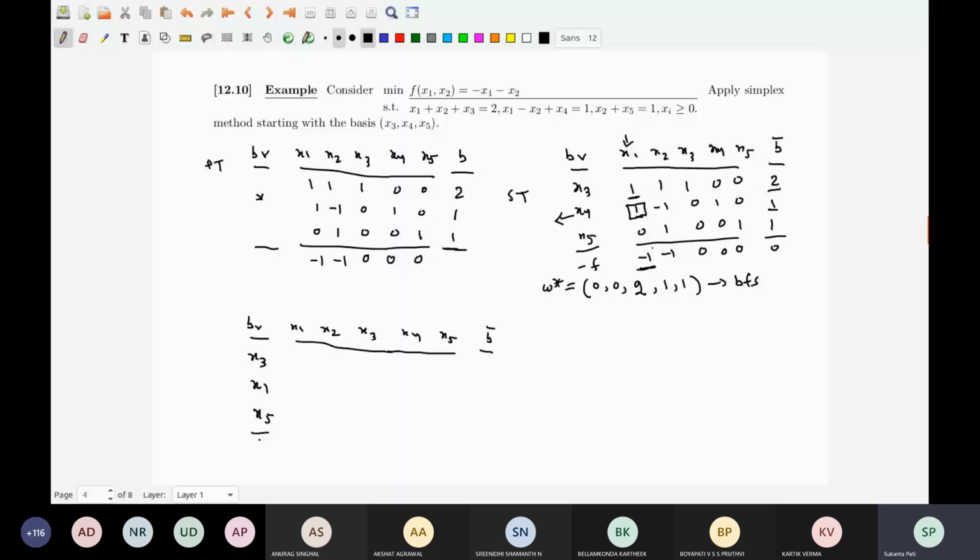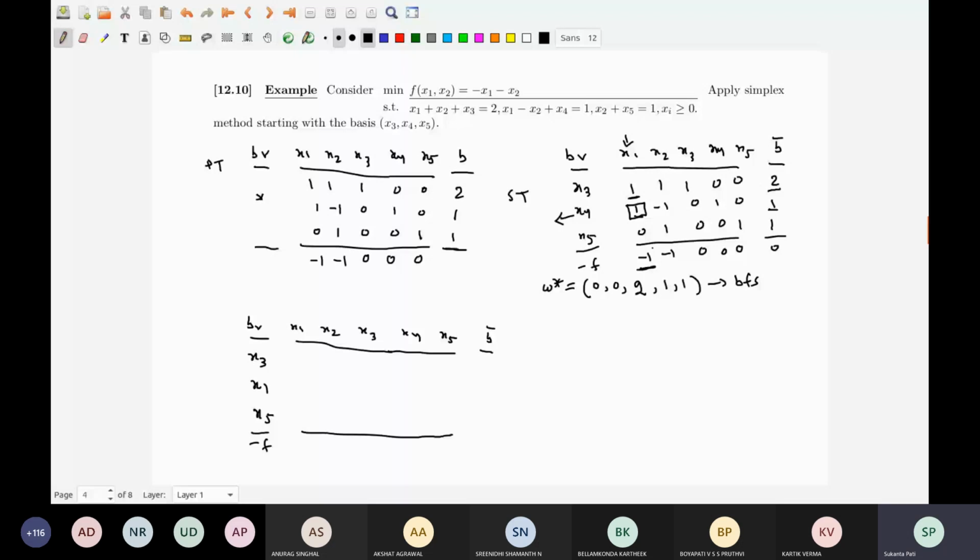Here, what do I have to do? Whatever is the pivot, see what went out. x4 went out. The x4 column was 0, 1, 0. So I will have to make the column below x1 0, 1, 0. It has to be a replica of that only. I already have the pivotal entry 1. The only thing is that the first row has to have a 0. So there I do row 1 minus row 2.